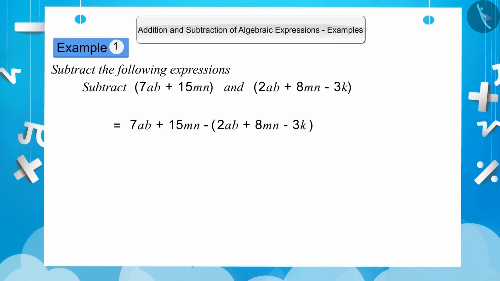Now let's remove the brackets. As we know, in subtraction, the sign of the terms changes once out of the bracket. So, 7ab + 15mn - 2ab - 8mn + 3k.